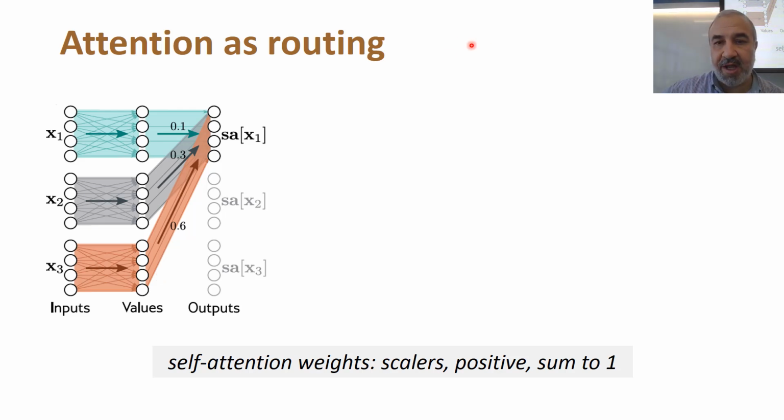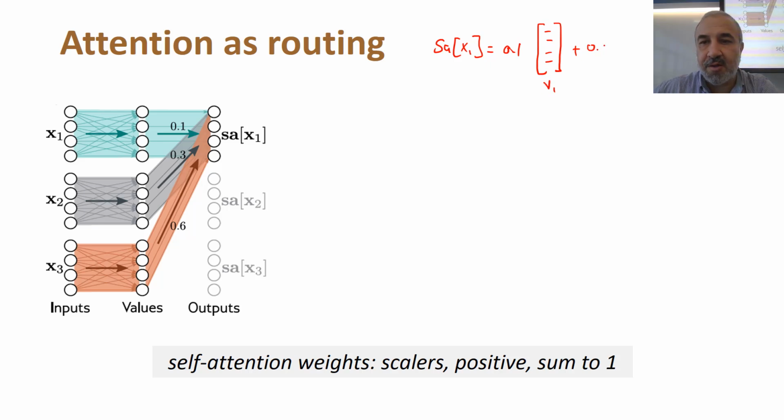When we say that SA of x1 equals 0.1 of v1, v1 is a vector, right? It has 4 values here. It's 0.1 times this, plus, so this is v1, right?